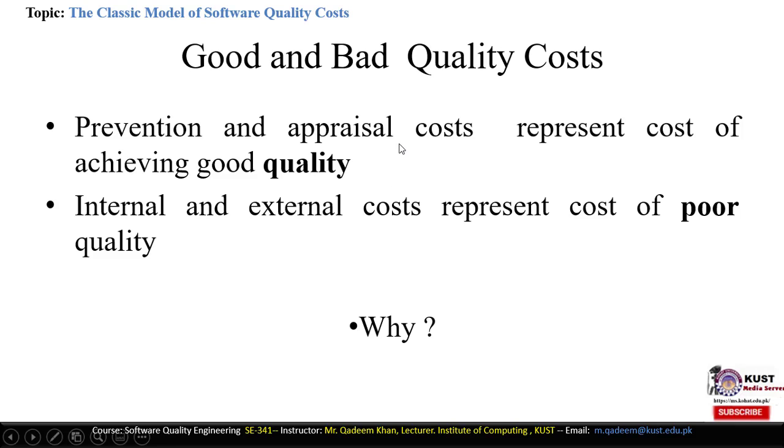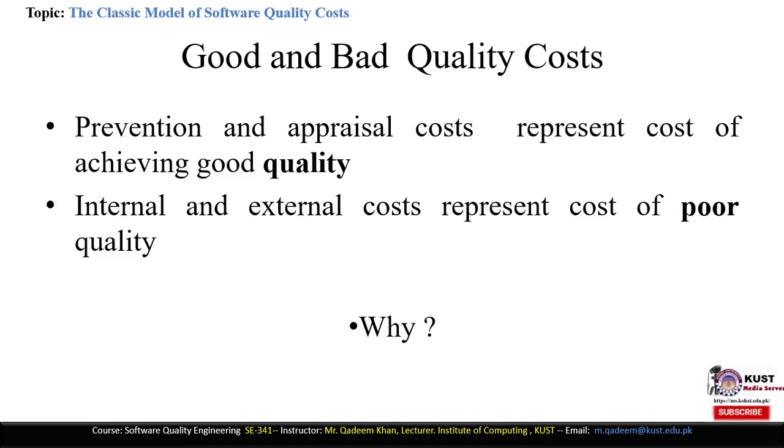It means that good quality costs are those that do not come from detecting failures, but just occur on the prevention and appraisal of quality. While the internal and external failure costs are called the poor quality cost, because these costs occur on the successful detection of failures in the projects.